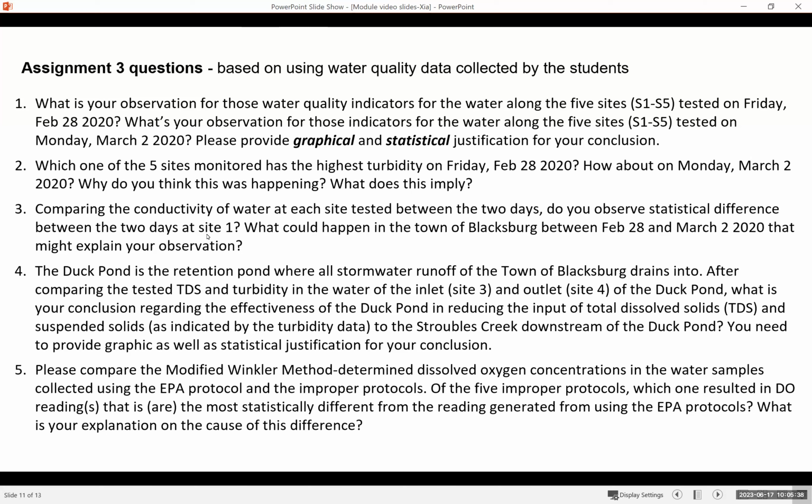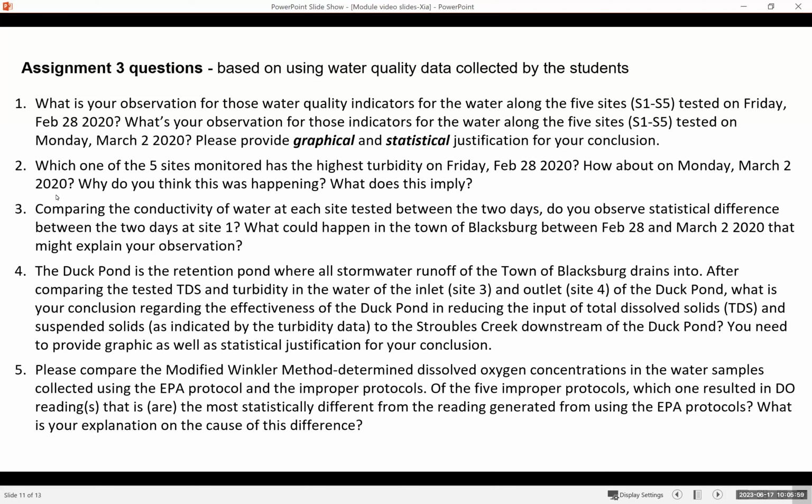For example, the first question is, what is your observation for those water quality indicators for the water collected along the 5 sites tested on one day? And then is it different from that tested on the second day? So I asked them to provide graphical and statistical justification for their conclusion.